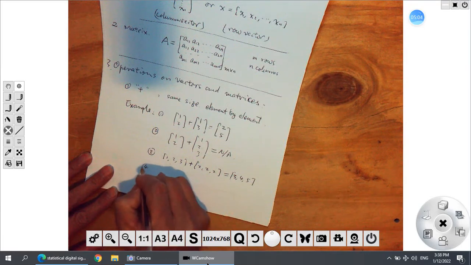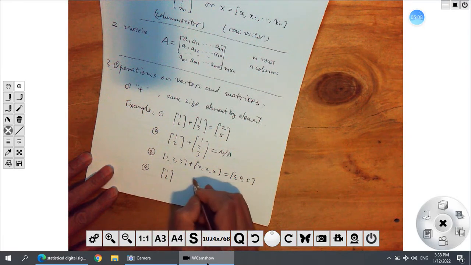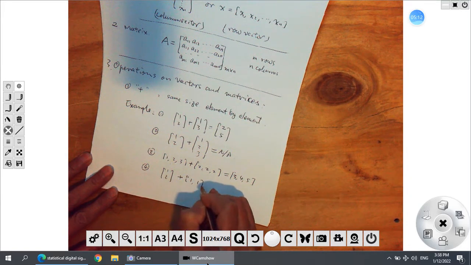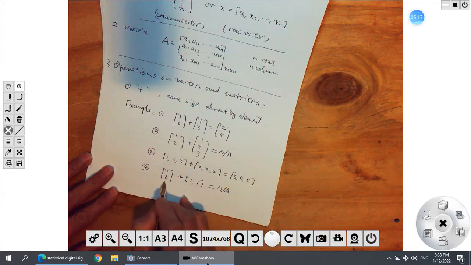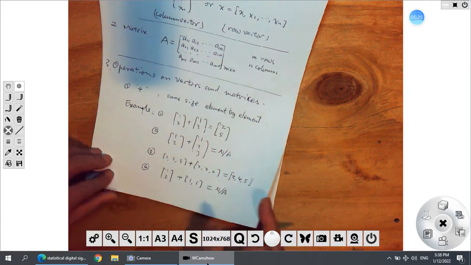The next one has different dimensions: (1, 2) and (1 1), this one still has no answer, right? One is a column, one is a row. You cannot do summation on that. These are vectors.